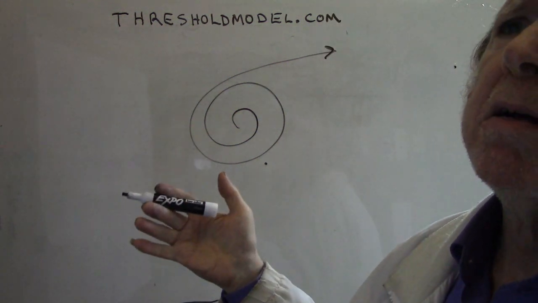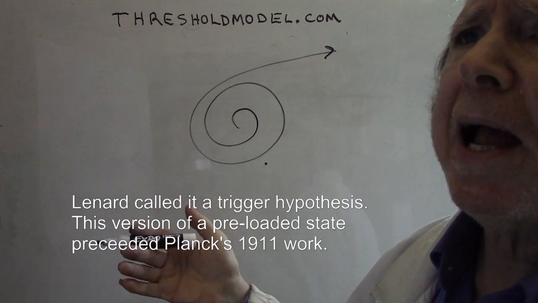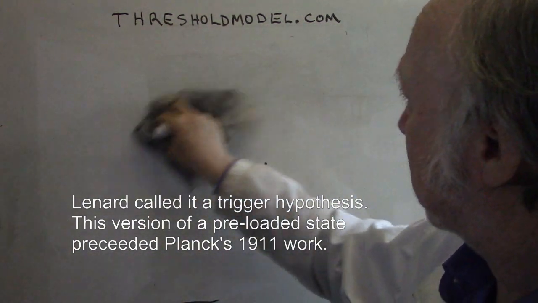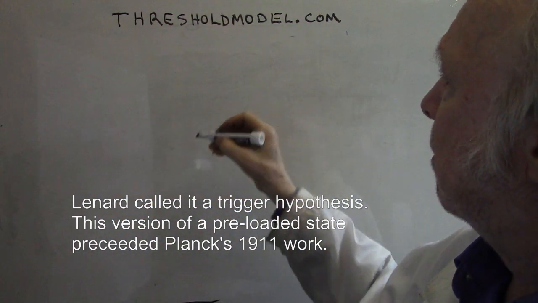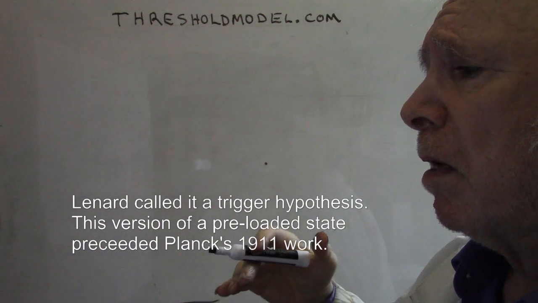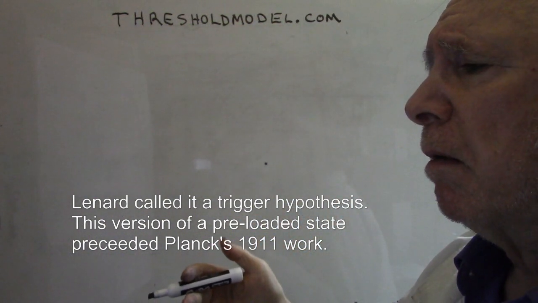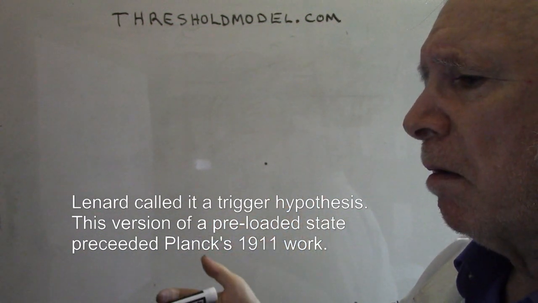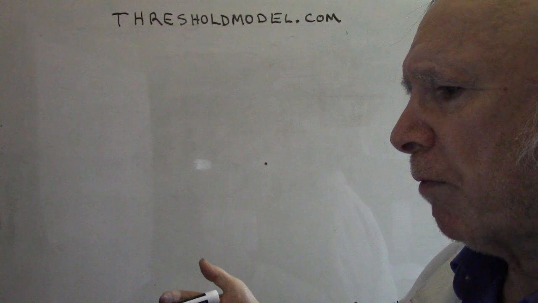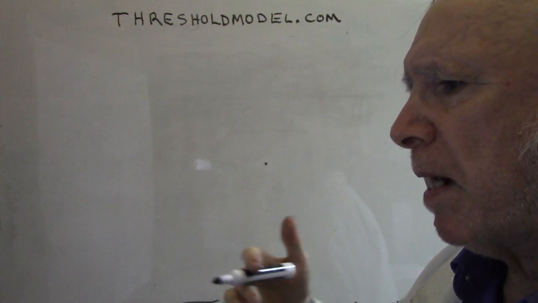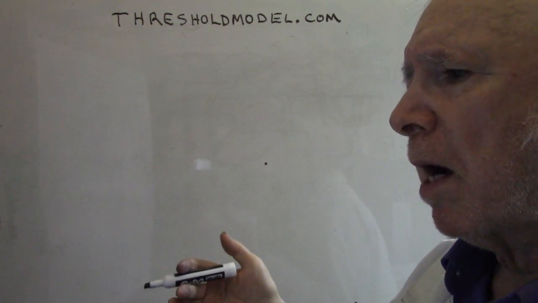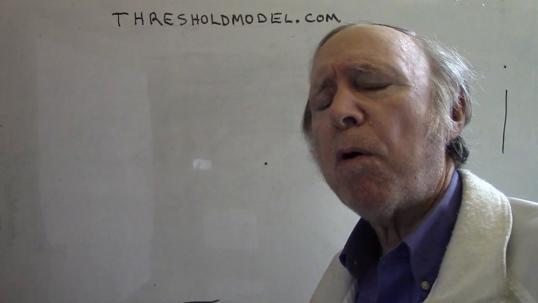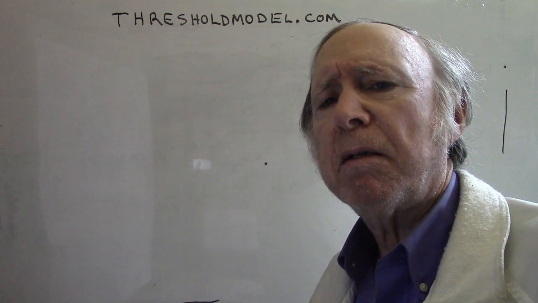Oh, I forgot Lenard. Lenard, after Planck, in 1901, he did the photoelectric effect. And he was able to see that the escape energy in the photoelectric effect, the ionization of charge against a stopping potential, is proportional to the frequency of the light.